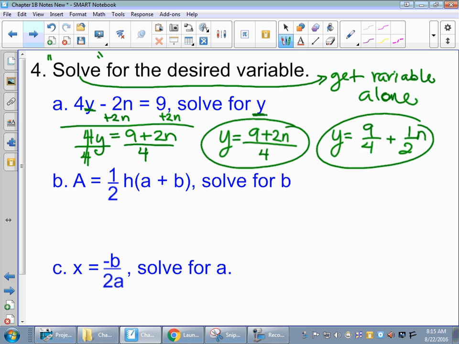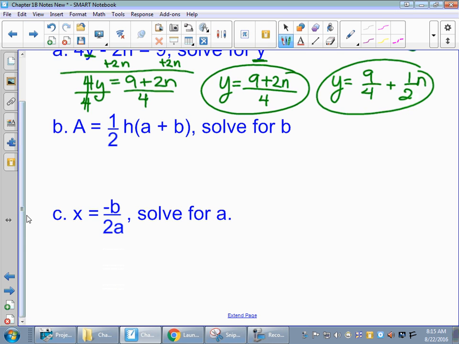Part B, they want you to solve for little b. So we want to get this variable by itself. I see the a there is added to it, but we're going to take care of the a last here. I need to get rid of that stuff out in front, and the stuff out in front is multiplication. I'm multiplying by 1/2 times h times this quantity.